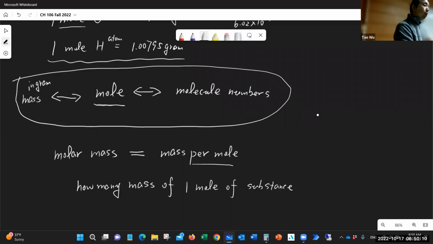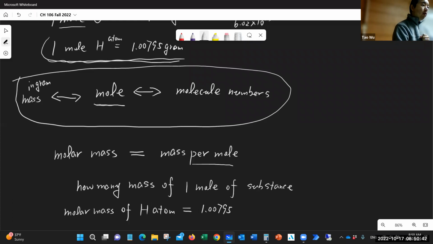For example, we wrote over here 1 mole of the hydrogen atom is equal to 1.00795 gram. So we can rewrite this statement: the molar mass of hydrogen atom is equal to 1.00795, and the unit is gram per mole.